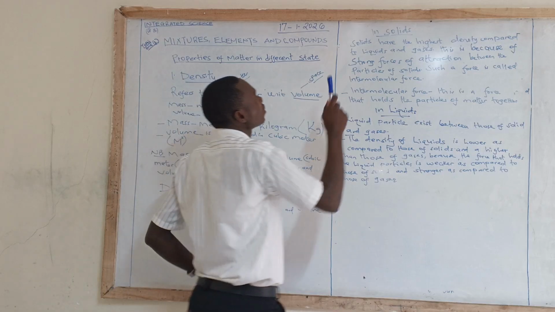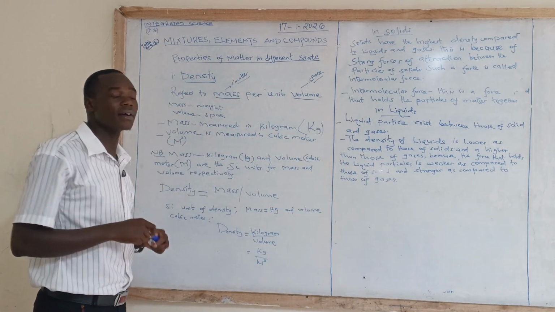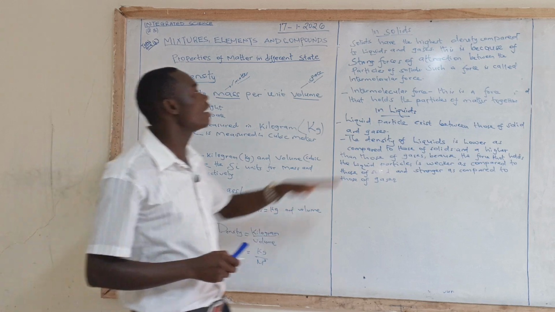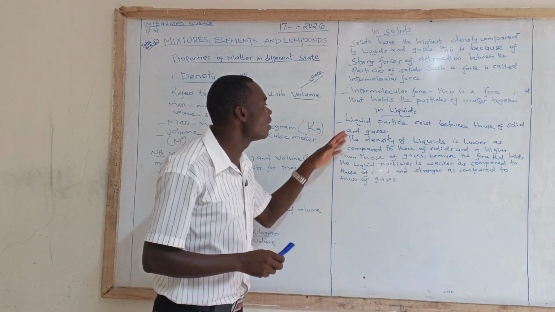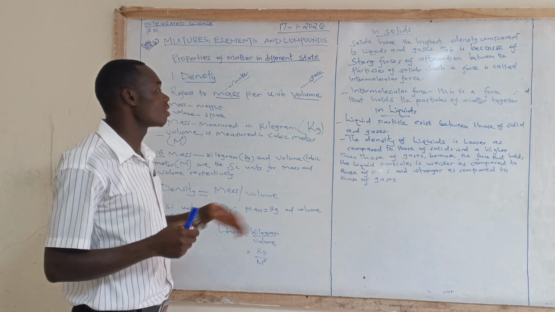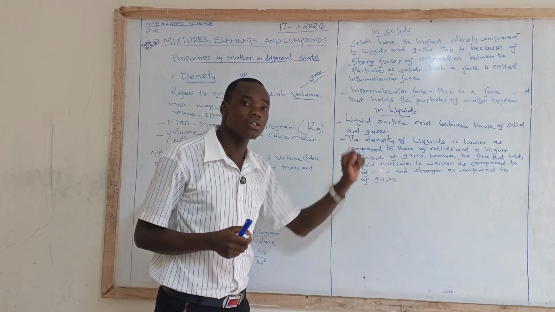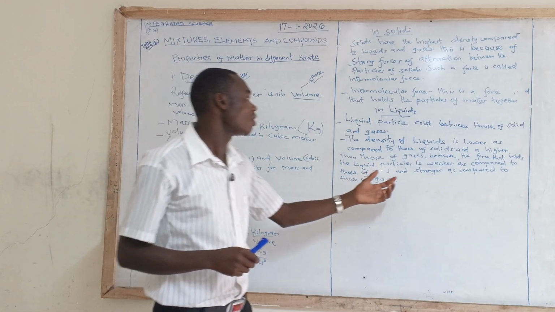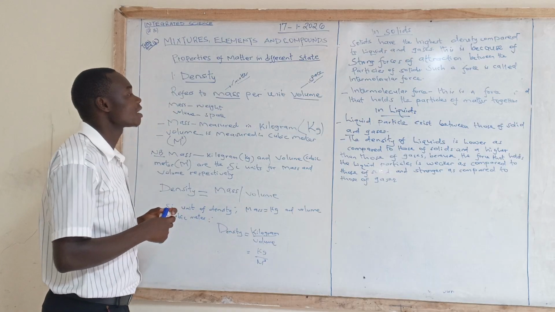In solids, they have the highest density compared to those of liquids and gases because of the stronger intermolecular forces holding the particles together. In liquids, the particles also have a higher density than those of gases, but lower density than those of solids because of the forces that attract the particles.